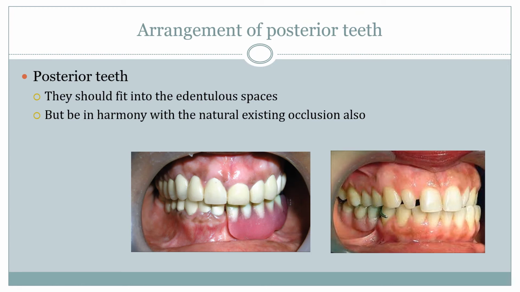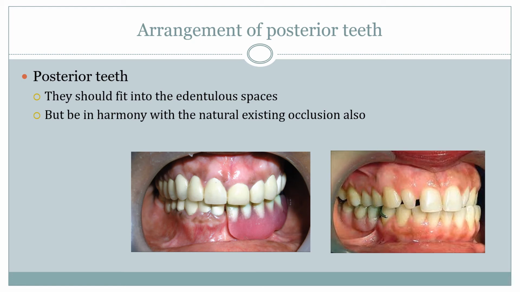And then coming to your arrangement of the posterior teeth. As you see, they should fit in the edentulous space. The mesiodistal dimension and the buccolingual dimension of the artificial teeth are usually smaller when compared to your natural dentition, definitely.